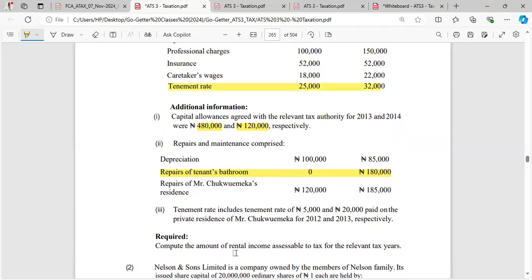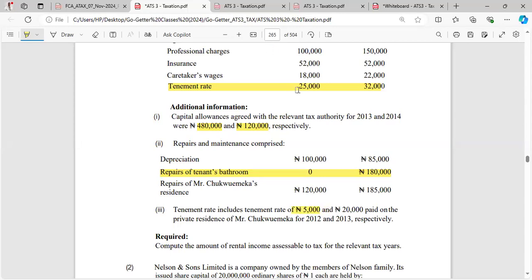Now, what they say here is 5,000 and 20,000 paid on the private residence of Mr. Chukwuemeka. So what it means here is that this 5,000 is paid for Mr. Chukwuemeka for 2023.